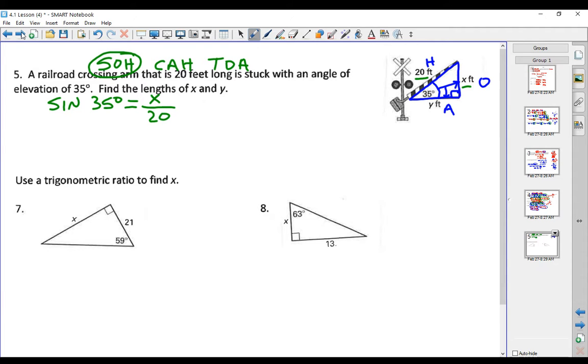Now we don't have to do the switcheroo here. All we have to do to get that X by itself is multiply both sides by 20. So X is going to be equal to 20 times the sine of 35 degrees. And that comes out to be 11.5 feet, since we're measuring in feet.